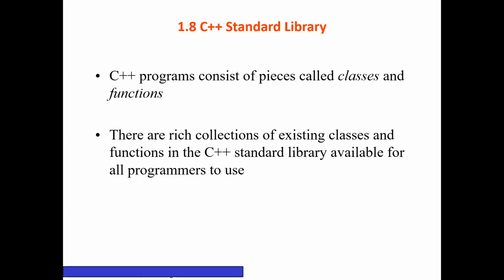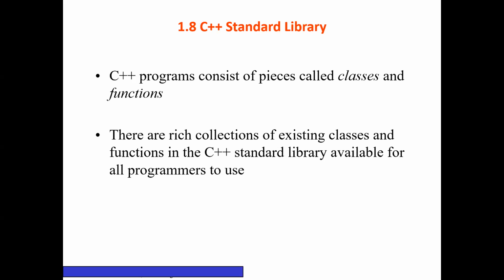And C++ programs have got classes and functions. Another advantage is there is a collection of existing classes and functions in C++, so that these classes and functions can be used in your program to make your programming easier.